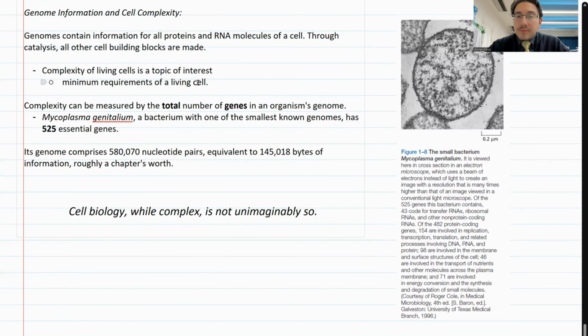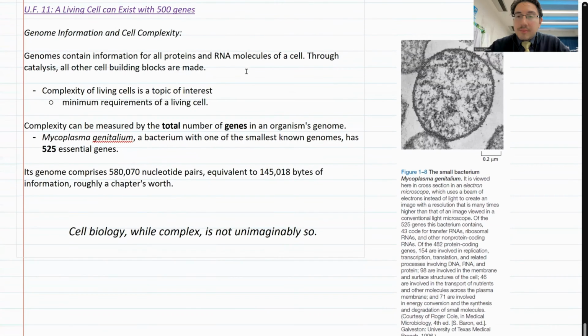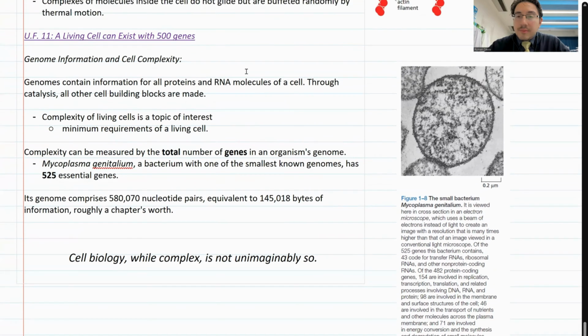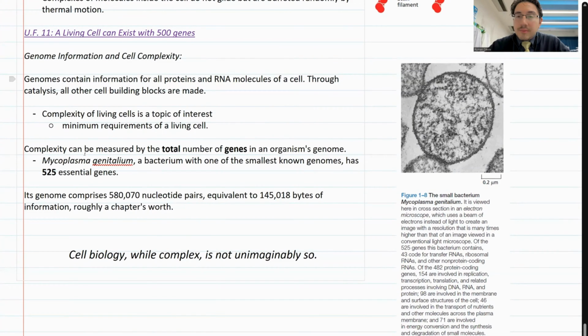Complexity of living cells is always a topic of interest among scientists, right? What are really the minimum requirements for a living cell? They do say complexity can be measured by the total number of genes in an organism's genome, right?